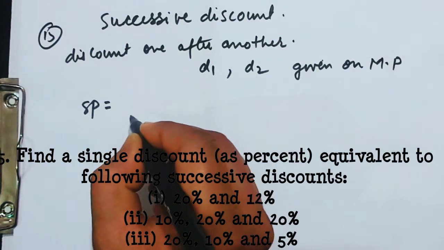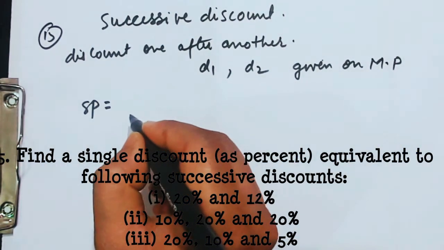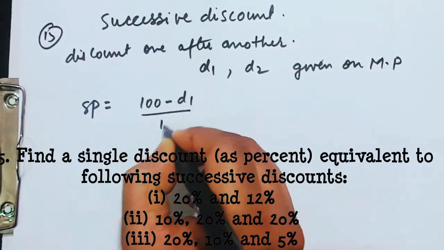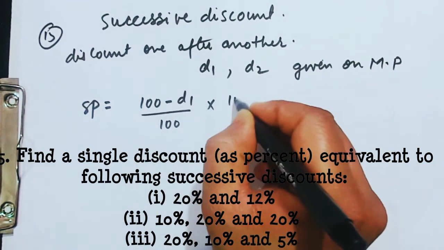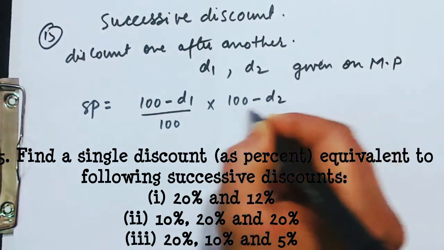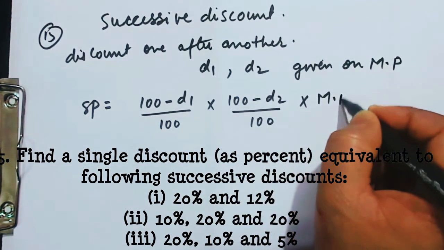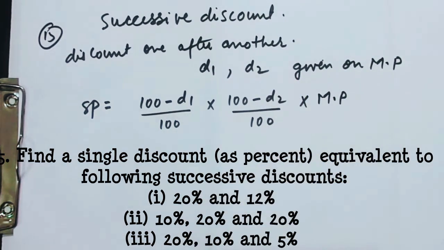The direct formula is (100 minus D1) by 100 into (100 minus D2) by 100 into marked price. If there is one more discount D3, then you write 100 minus D3.